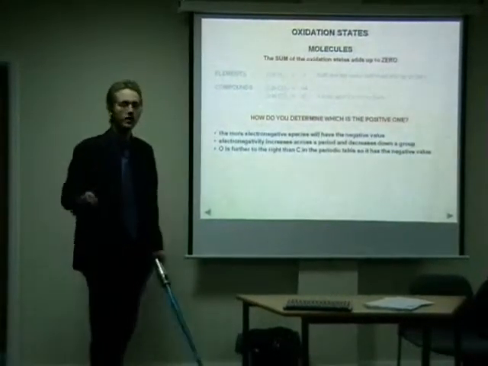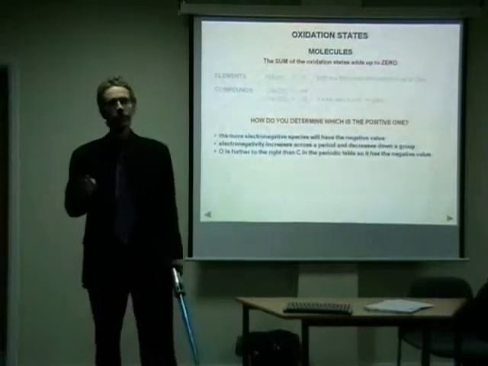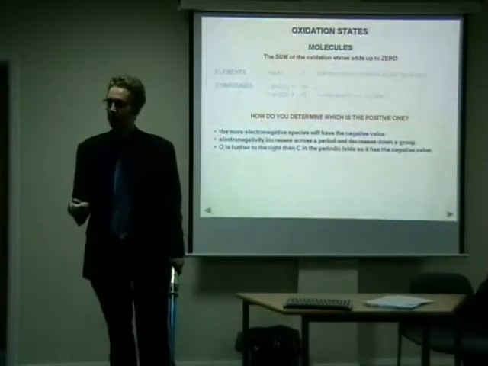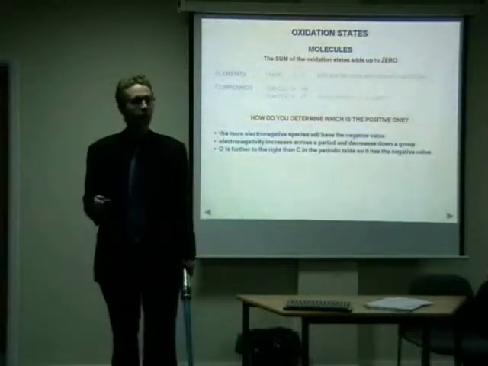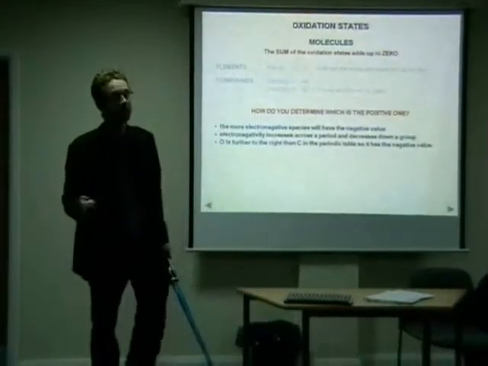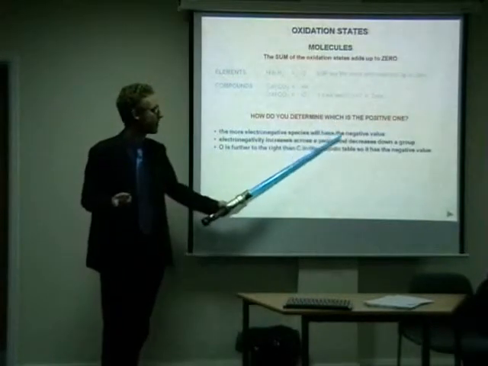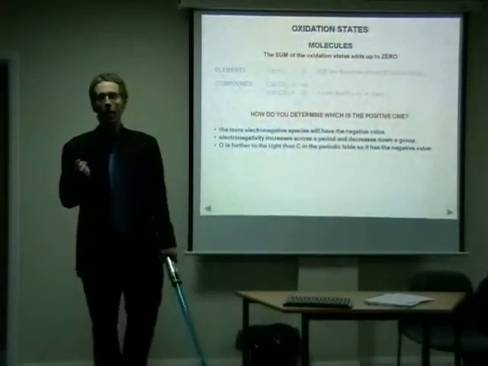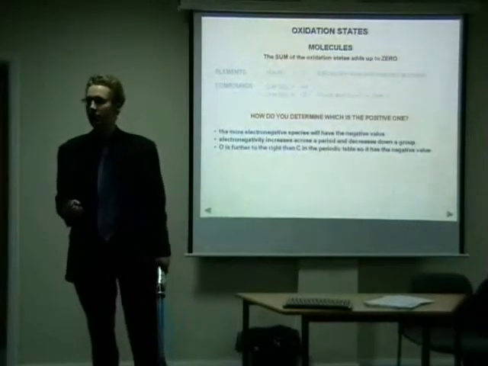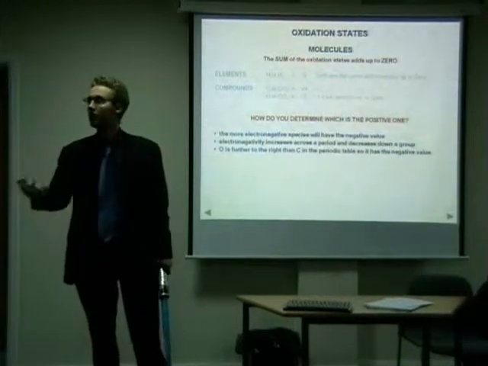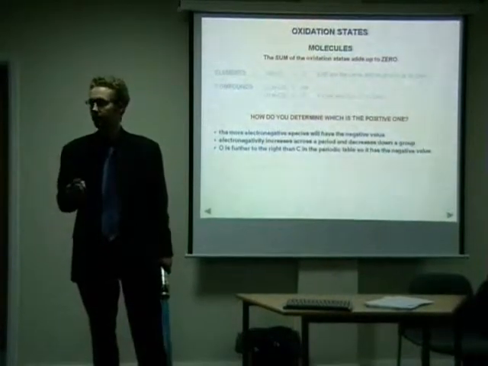Chlorine's usually -1. But when chlorine combines with oxygen, such as in a chlorate, the chlorine becomes positive. You can get the +1, +3, +5, and even +7 oxidation states. The only time oxygen has a positive oxidation state is when it is combined with fluorine, which is more electronegative than oxygen.